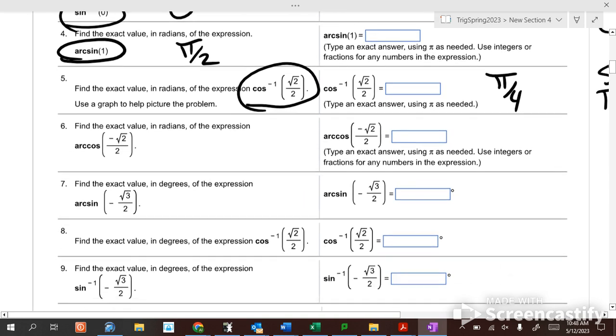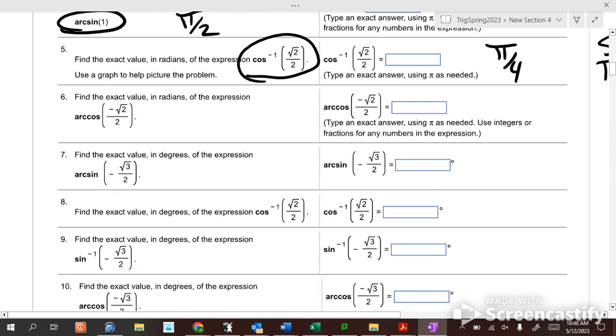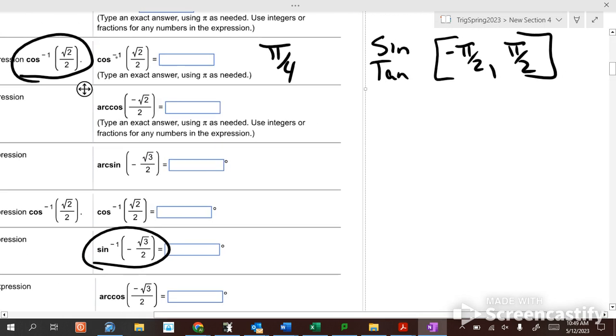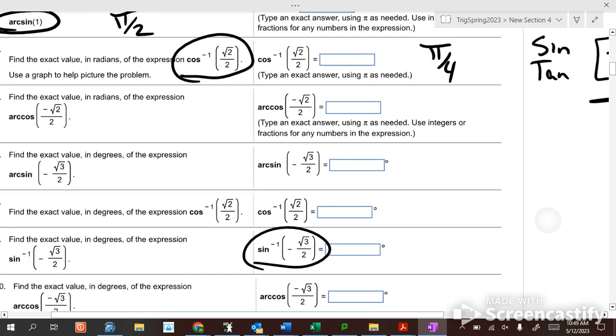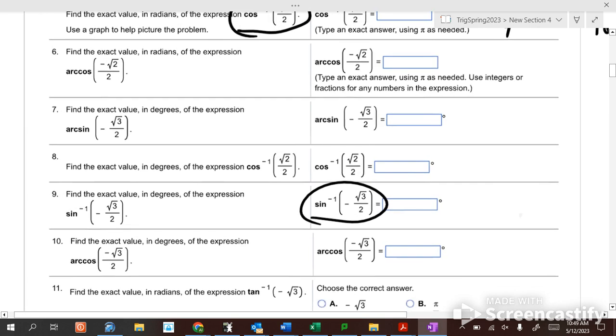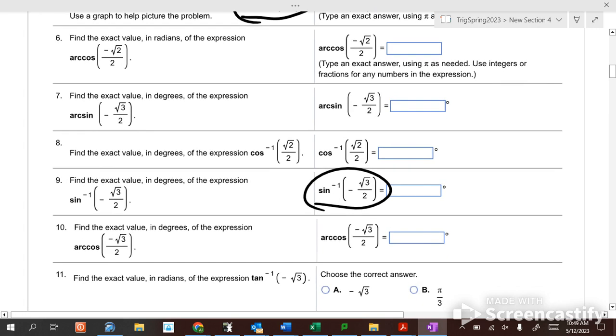So are we good with some of this stuff? So where is the inverse sine of negative square root of 3 over 2? Remember, you have to look in between these two. So you have to work from negative 90 degrees up to 90 degrees, just on that half a circle. Where is the sine equal to negative square root of 3 over 2? 5 pi over 3, you say, right?